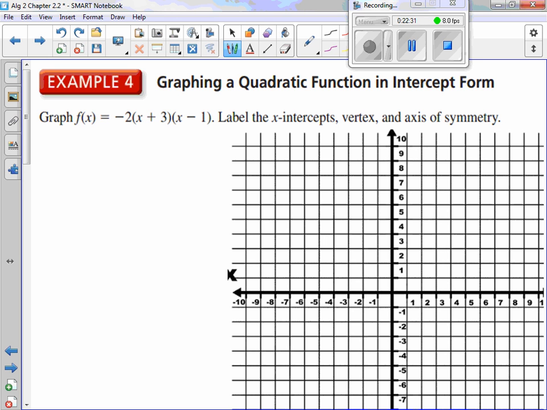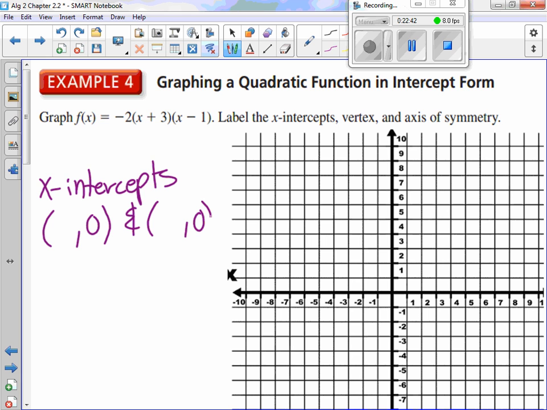Now, the x-intercepts are going to be kind of the easier ones to find.